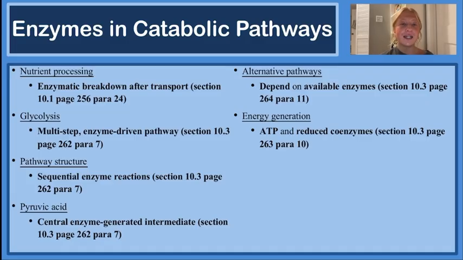So now I'm going to talk about the enzymes in catabolic pathways. Once nutrients enter the cell, enzymes immediately take over the process through catabolic pathways. Glycolysis is the key example, where glucose is converted into pyruvic acid through a series of 9 enzyme-catalyzed reactions, and each one requires a specific enzyme.